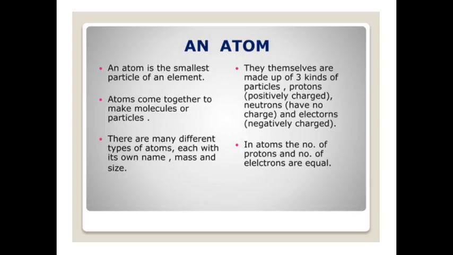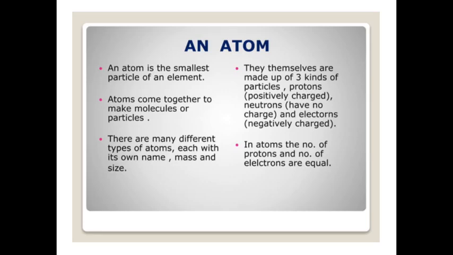So let's look at what an atom is. An atom is the smallest particle of an element that can take part in a chemical reaction. When atoms come together, they make a molecule or particles. Of course, there are many different types of atom, each of them having their own name, their mass, and their size.